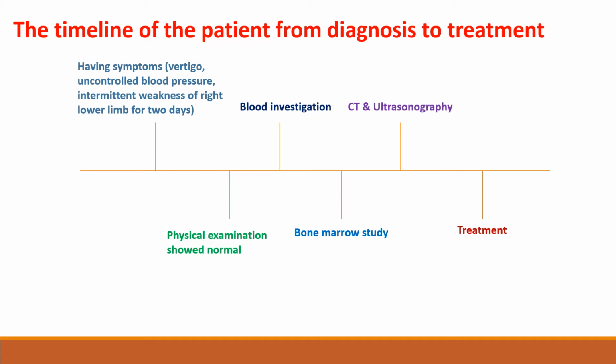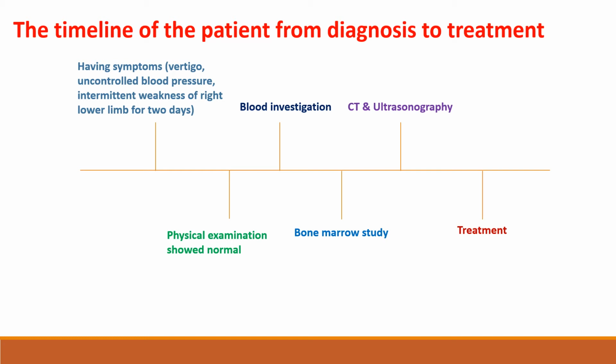However, this is abnormal, so the doctor also suggested that she do a blood investigation afterward. After the blood investigation, the results were abnormal. So she was then transferred to do the bone marrow study, and then transferred to do the CT and ultrasonography for further analysis.